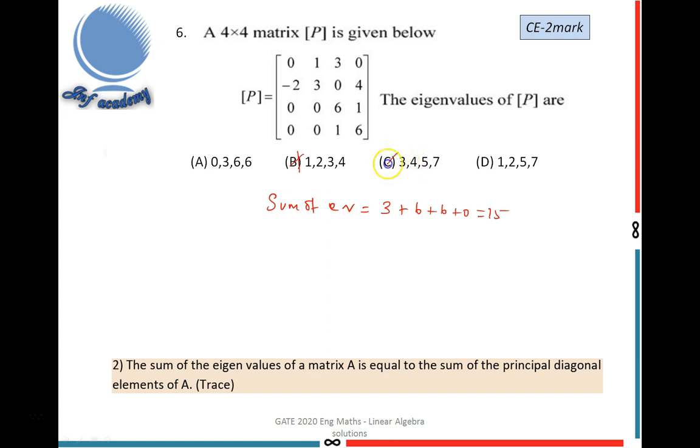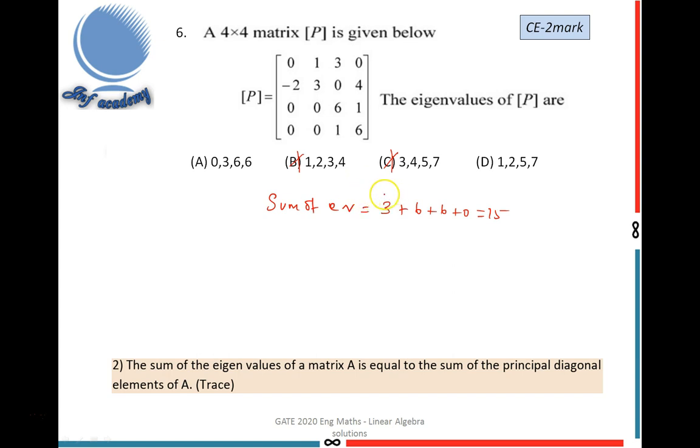This is also wrong because the sum of the eigenvalues is 15 only, but here I got 17. Now 3, 10, 15. So options B and C are wrong, since adding the eigenvalues of these two options we cannot get 15. So maybe option A or D is correct.